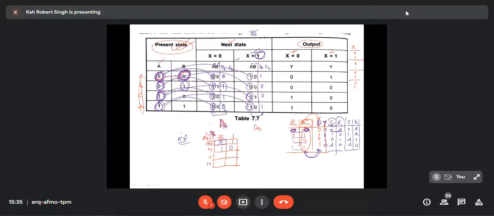This is 1. It is 0. 1, 1, 0. It is 0. 1, 1, 1. It is 1. Can you understand what I'm saying?